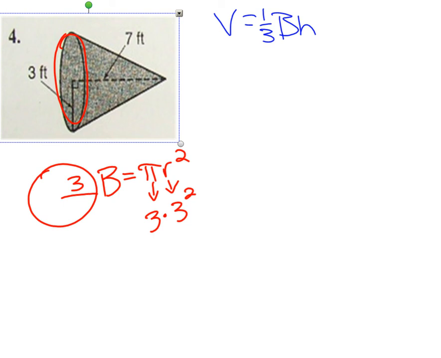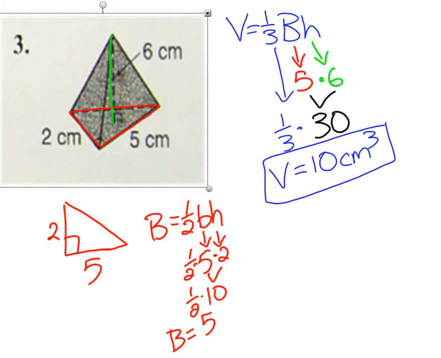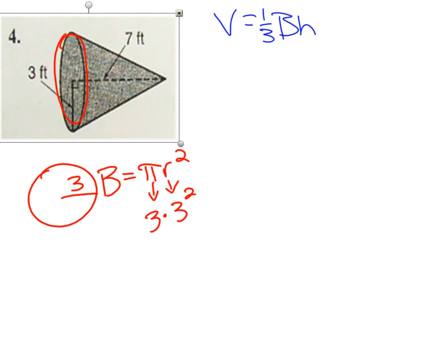So 3 times 3 squared, what does that work out to? 27.